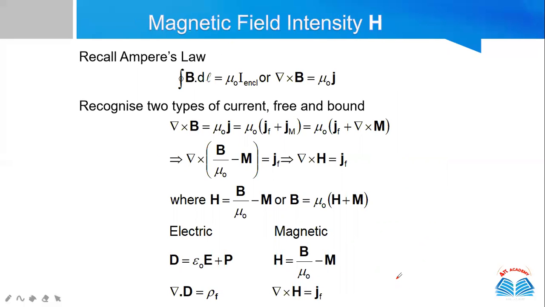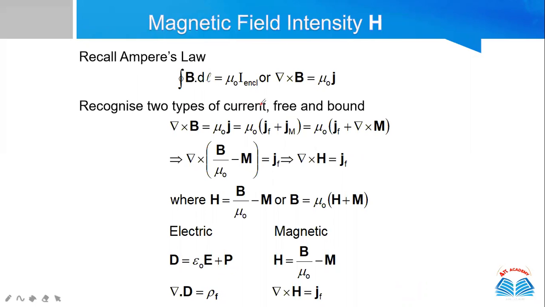Moving ahead, what is magnetic field intensity? So recall Ampere's law. You know this: closed integral B dot dl equals mu naught I, or we also know that del cross B equals mu naught J. These two things you have already studied.